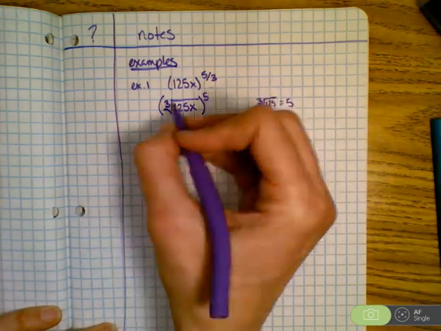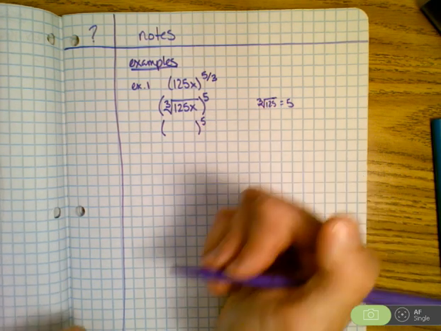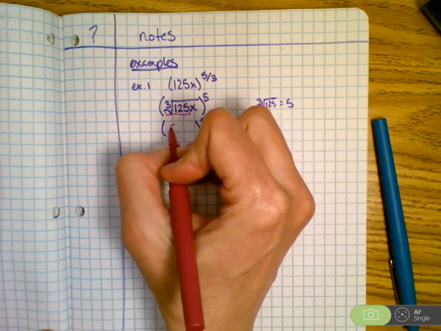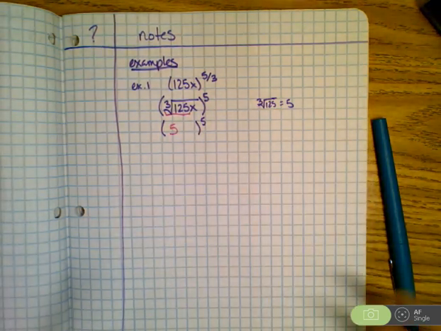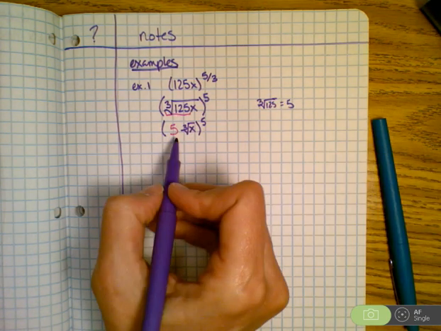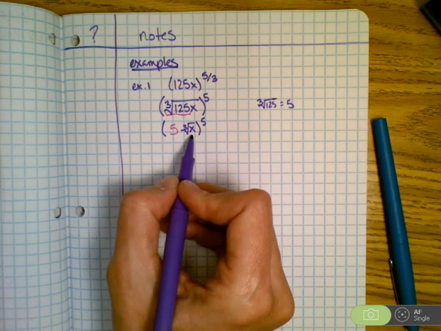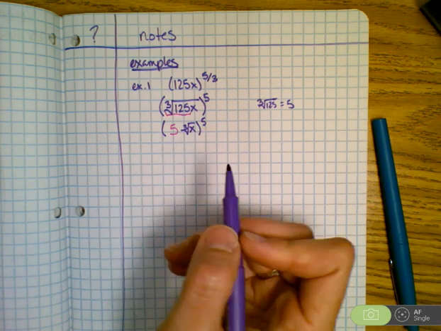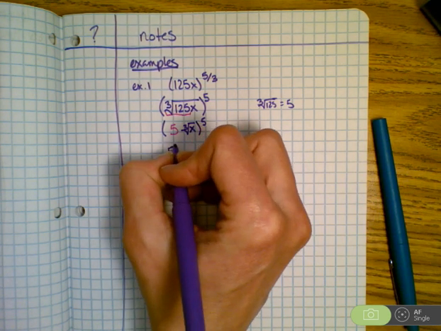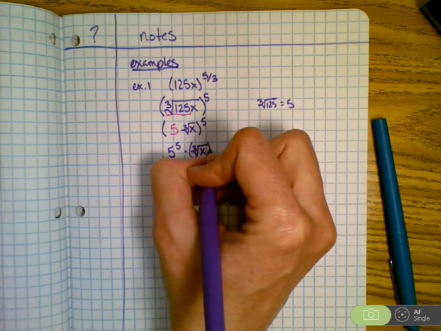So over here, what I can do is I can replace that cube root of 125, this part gets replaced by 5, but then what I still need is the cube root with the x, because I didn't take the cube root of x, I only took the cube root of 125. So I keep that there. Now I look at this 5, and the power of 5 gets distributed to both parts of this, so I need 5 to the 5th times the cube root of x to the 5th.